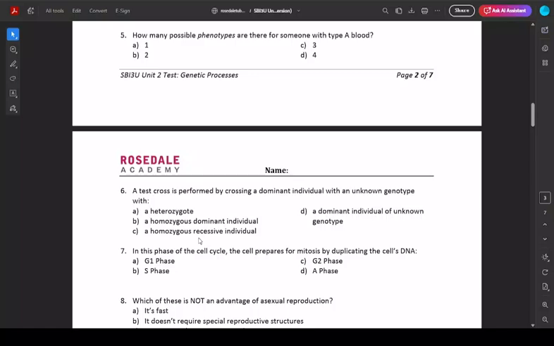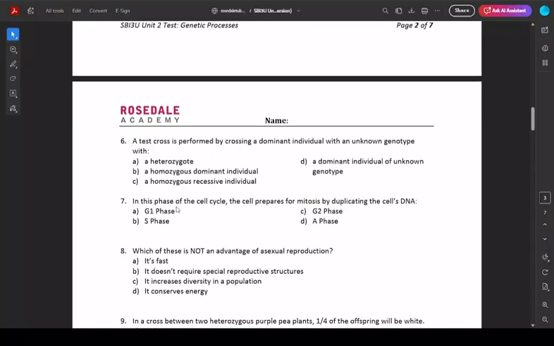This way you can right away tell the unknown genotype, because if the result has around 50% recessive kids and 50% dominant kids, then we know this person is a heterozygote. If all of the kids are fully recessive, then that means the unknown genotype is homozygous recessive, and if everything is dominant, then this unknown genotype is homozygous dominant.